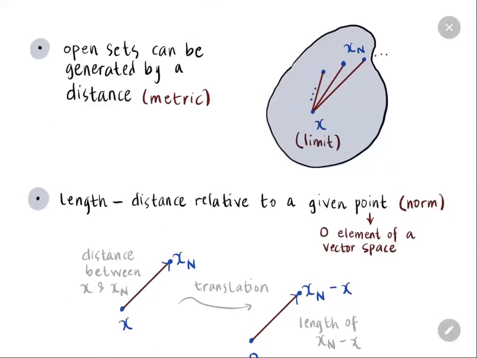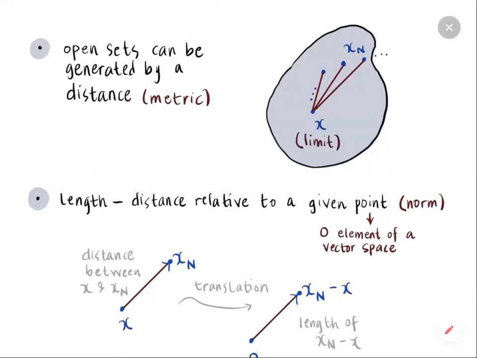This length generalizes, for instance, in R, the absolute value, or in general in the Euclidean space Rn, the Euclidean norm. So norms generalize the concept of length in the case of the set of real numbers.